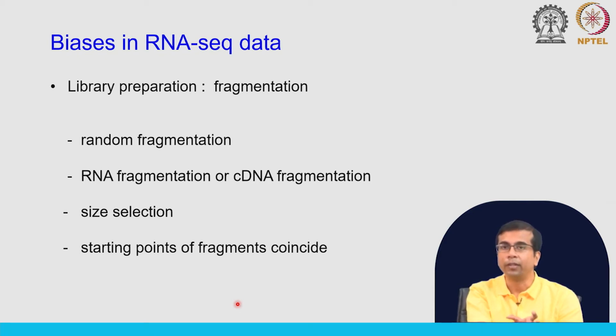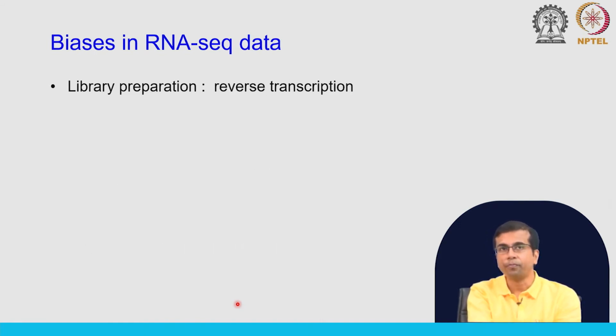We think this is a random fragmentation process, but it is not. Again, this introduces bias in the data, which we need to account for. So, we have to do something about this at the bioinformatics step. We cannot probably change these protocols too much, maybe there are some improvements we can make, but then we have to have these bias correction steps in the bioinformatic pipeline.